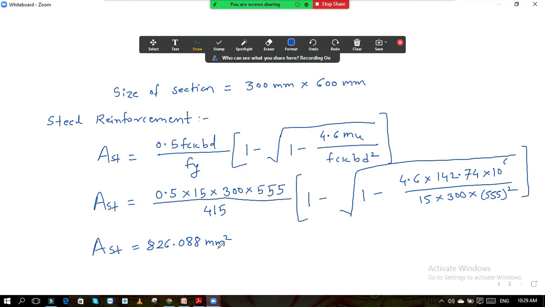So calculate the number of bars now. If we assume 20 mm bar diameter, how many bars are required? So here 826.088 divided by pi by 4 into 20 square. Let me know the answer please.